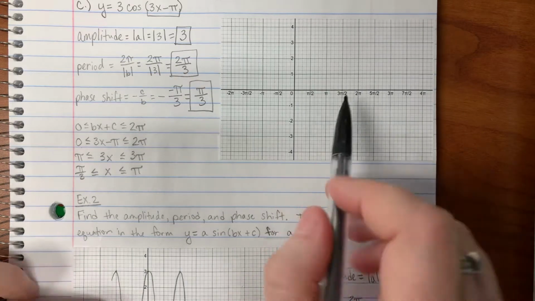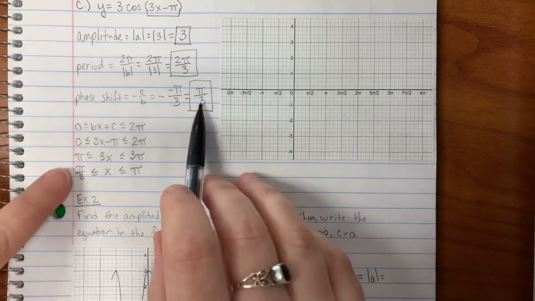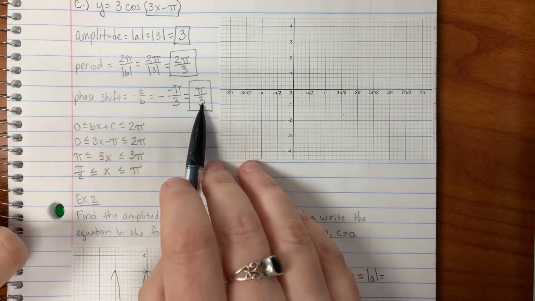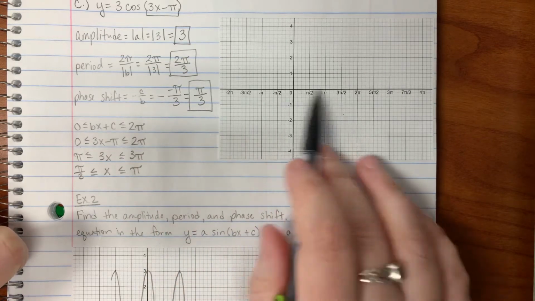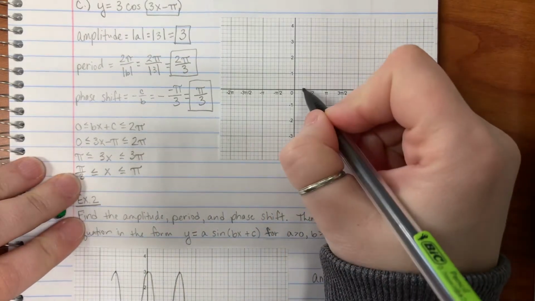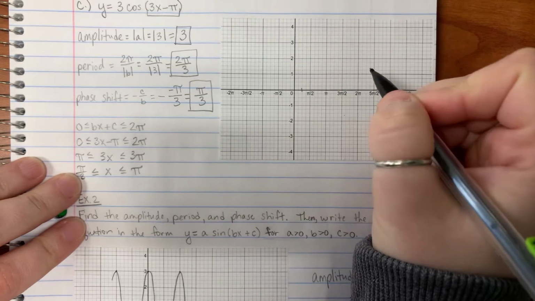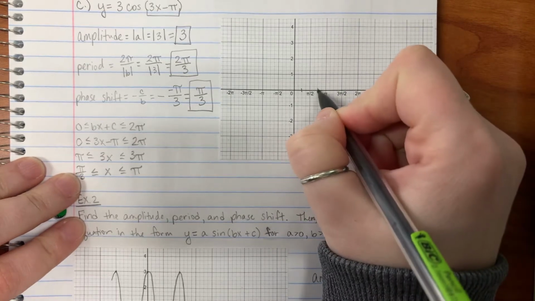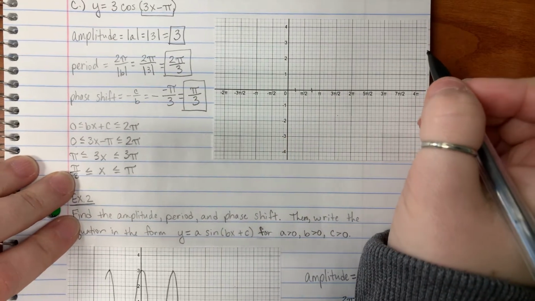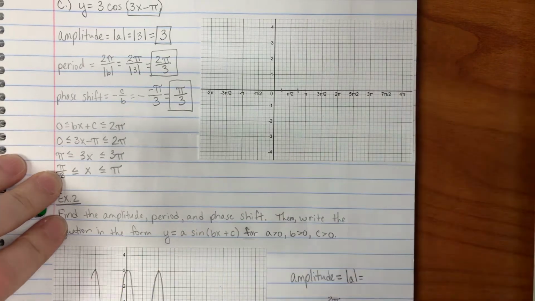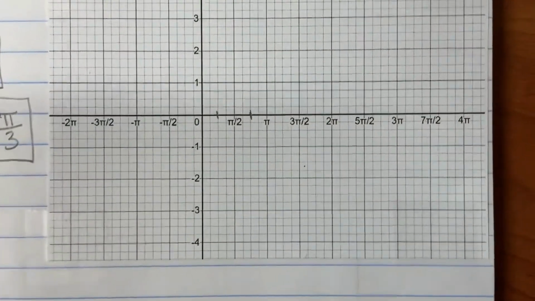So first, I need to really break this one down because my intervals should really be thirds instead of fourths like it is, or halves. So right here is 1/4, or pi over 4. This would be 3 pi over 4. So I need to think about where pi over 3 would be. Okay, so let me zoom in on this.